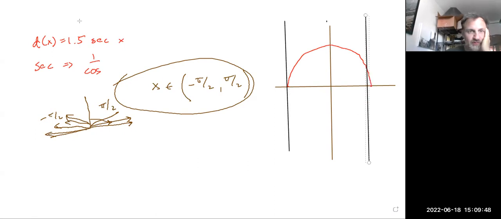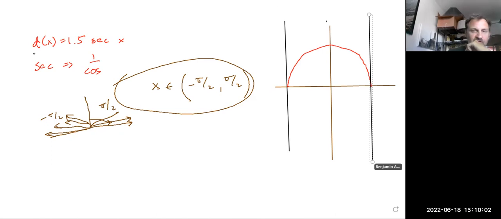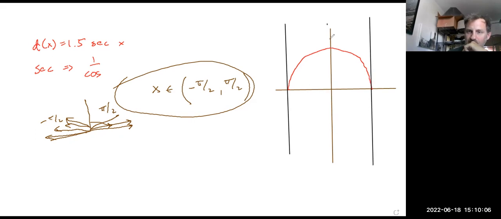That one needs to be moved over a little bit. Okay. And so my secant graph is going like this, coming up, going up here.